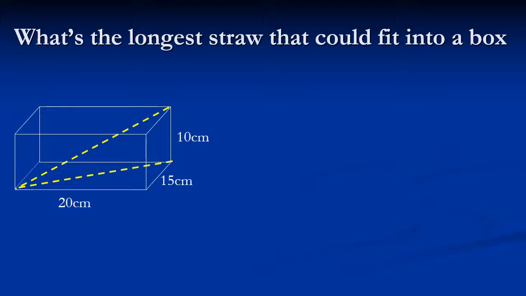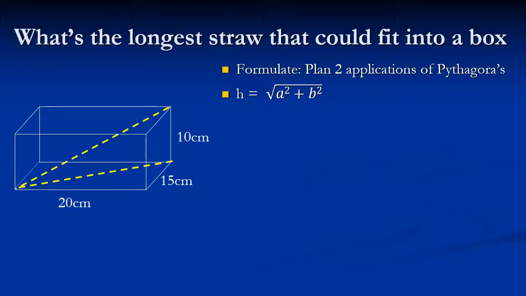We've got another line, and we need to go from the hypotenuse across now from one corner up to the next corner. So we're going to have to apply Pythagoras' theorem twice. So when we formulate our plan, we know that h squared equals a squared plus b squared.